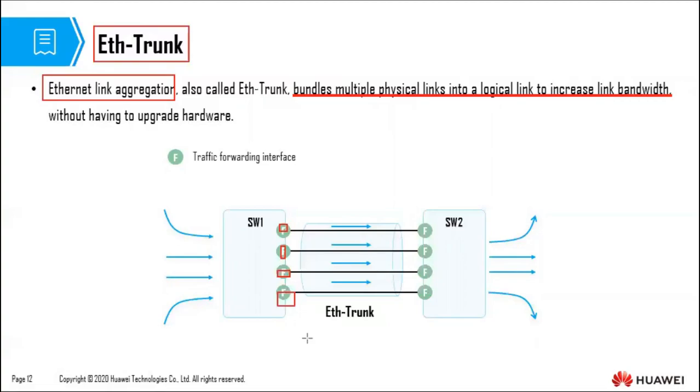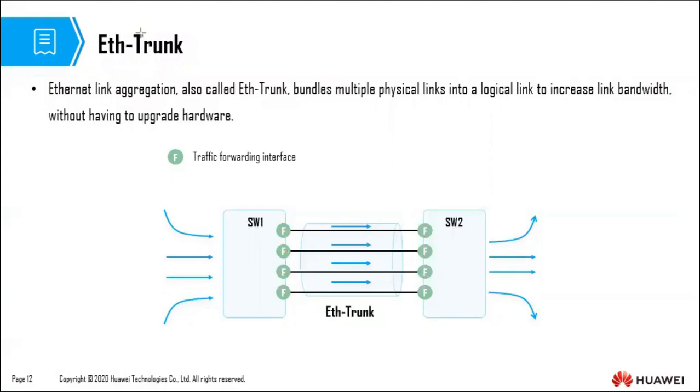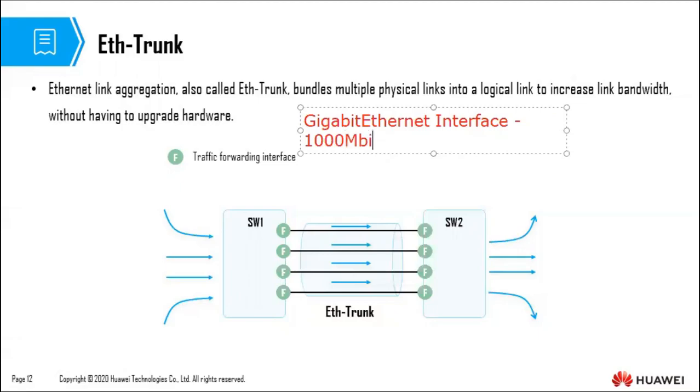Combining multiple physical interfaces into a single logical interface. We want to understand how that is done. Please let me insist on this: anytime we are talking about a gigabit Ethernet interface, or that particular speed, we mean it is able to process 1,000 megabits per second, right?